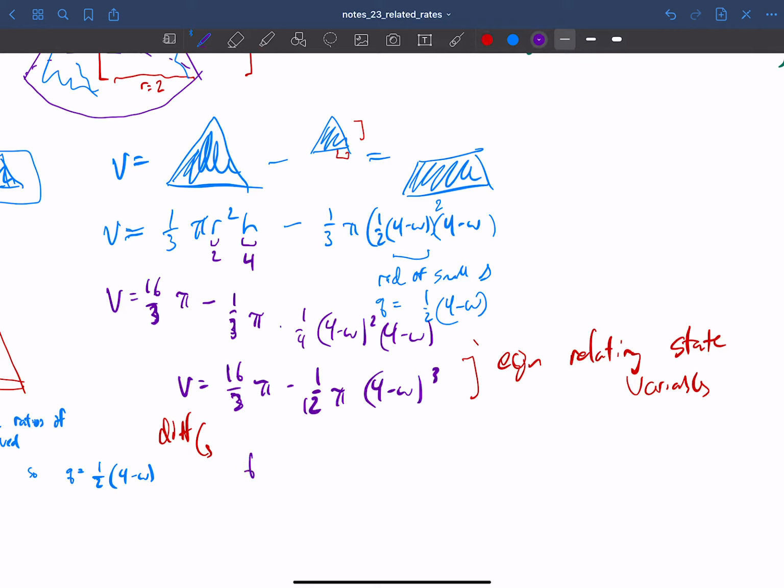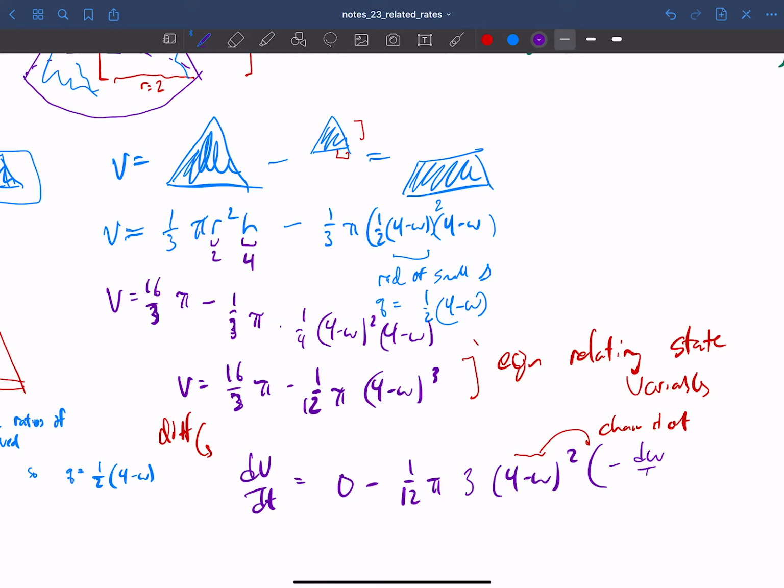On the left-hand side, I'm going to get dv dt. On the right-hand side, the derivative of this constant is equal to 0, minus, the 12 pi is for free. And then we've got to do the chain rule on this piece right here. So let's do the chain rule: 3 times 4 minus w squared. And now we're going to chain out the derivative of the inside, and that's going to be times minus dw dt.